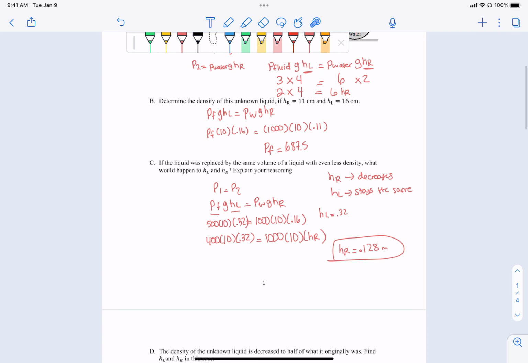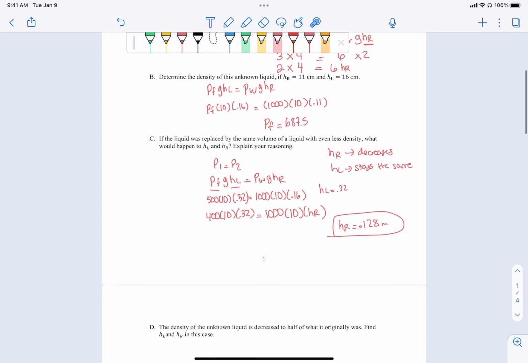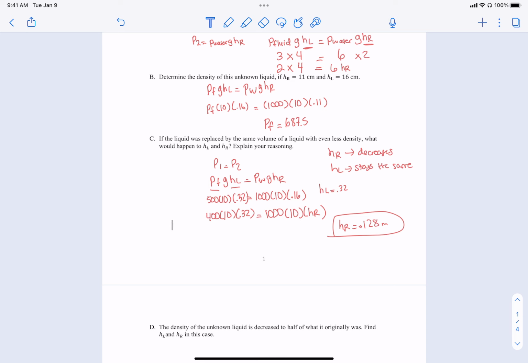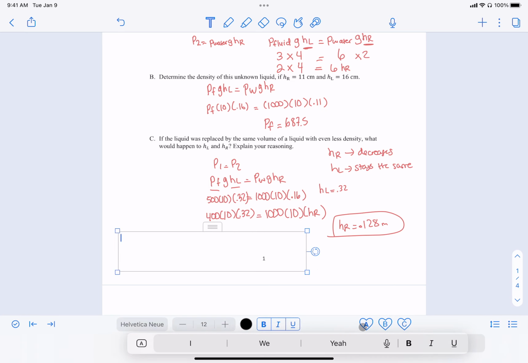But yeah, finally, height on the right would decrease. HL stays the same. And, you know what, just because I feel bad for sounding like an absolute fool, I will write this out here as a brief explanation.